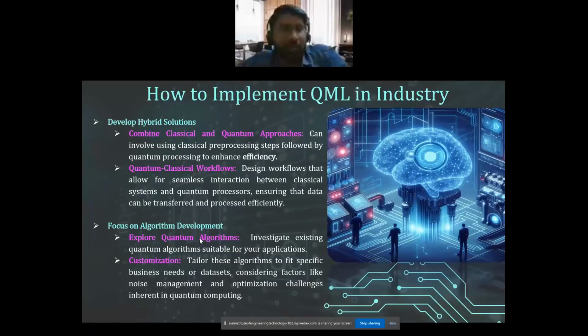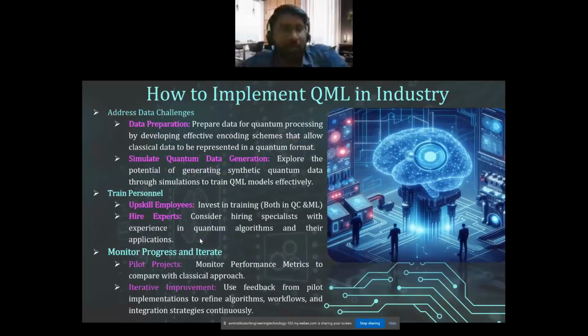If required, we can also customize the already existing algorithm and make it fit our purpose. So these are the two categories: we investigate the existing algorithms, and then customize them for our use cases.